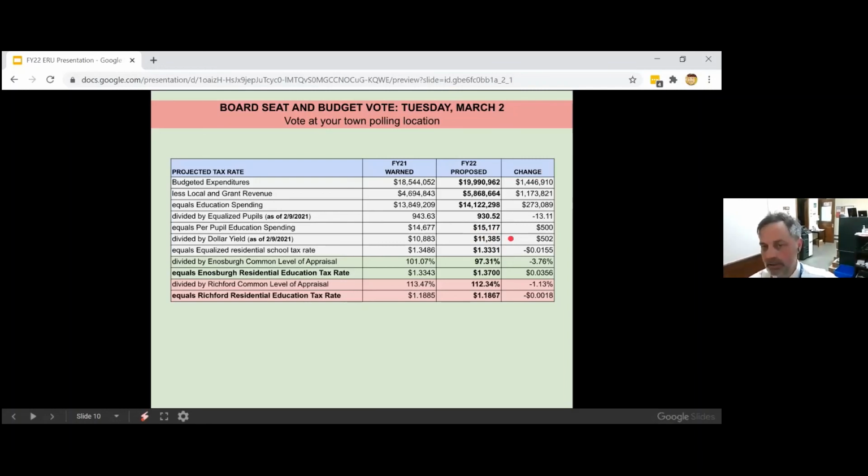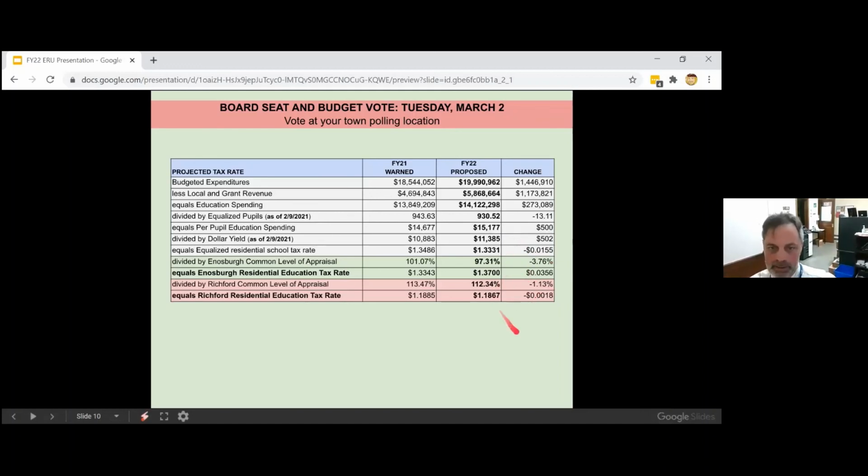This number won't get settled until one of the last bills that the legislature passes in a normal year. There was some talk about trying to speed this up this year, but that doesn't seem to have happened. But this is really an estimate that we won't have until we've already hired teachers for your next year and are putting into those plans. But we think that this number is much closer to accurate compared to what we warned. And that's the main piece driving this decrease in the anticipated rate for Enosburgh-Richford.